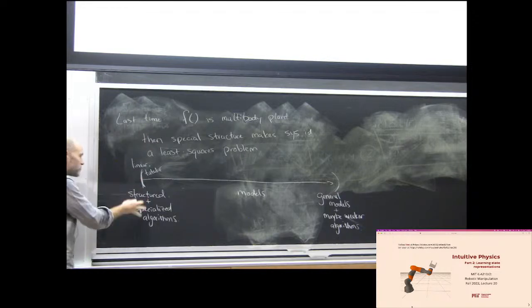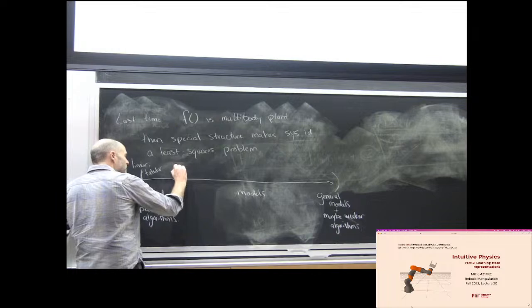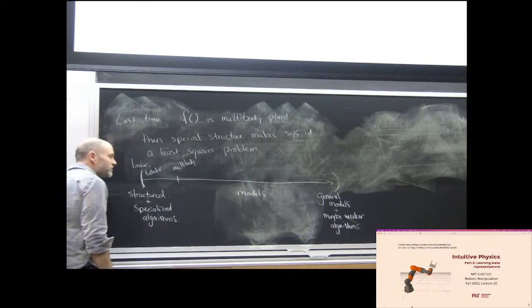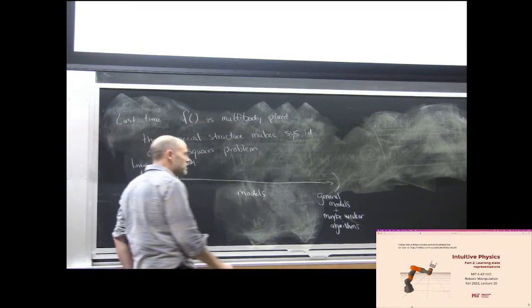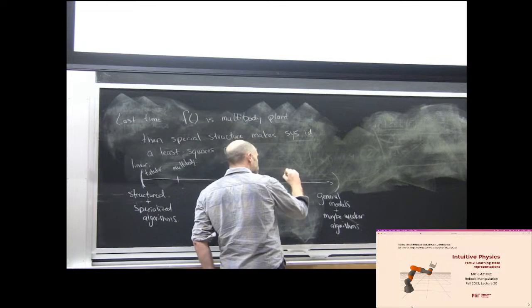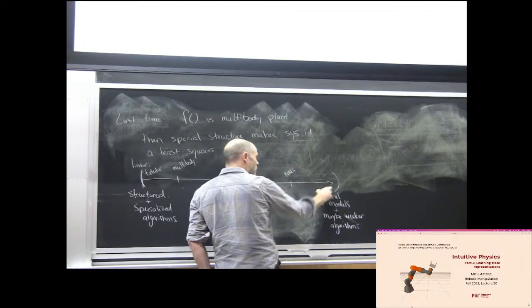Then that's like the extreme structure. We can understand everything, right? I'd say that the multi-body models are somewhere over here, right? I would say neural networks, broadly speaking, deep learning stuff, is here. It's not actually all the way to the extreme.